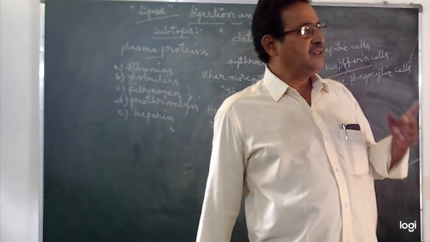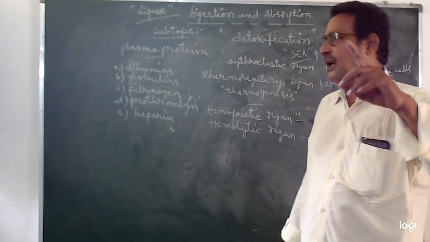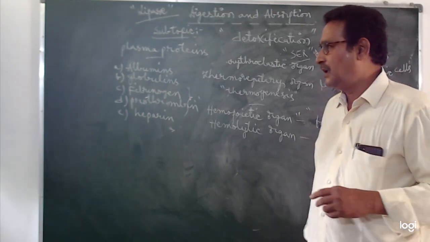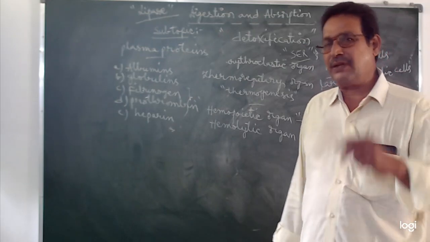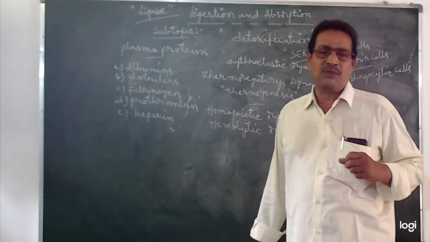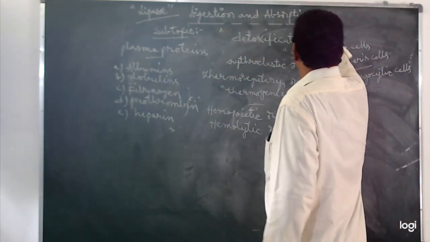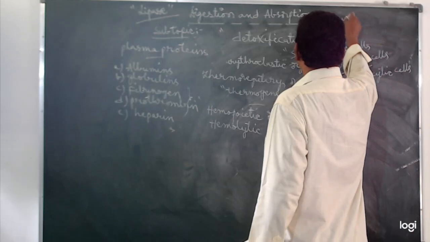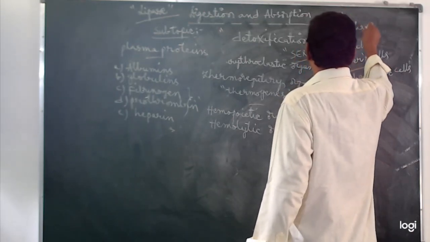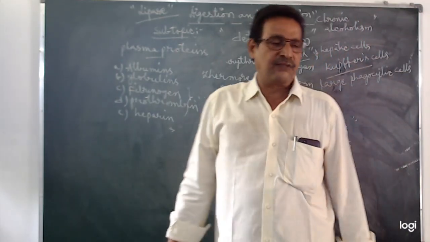So, liver is the first and most affected organ in chronic alcoholism, also called cirrhosis of liver.